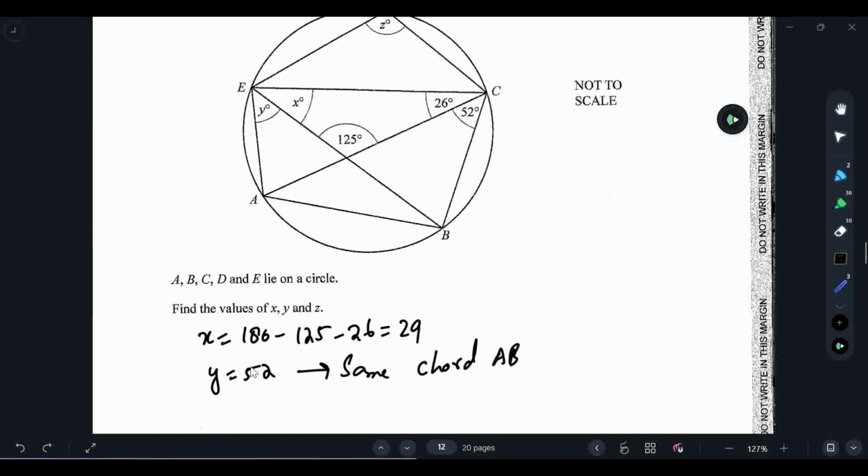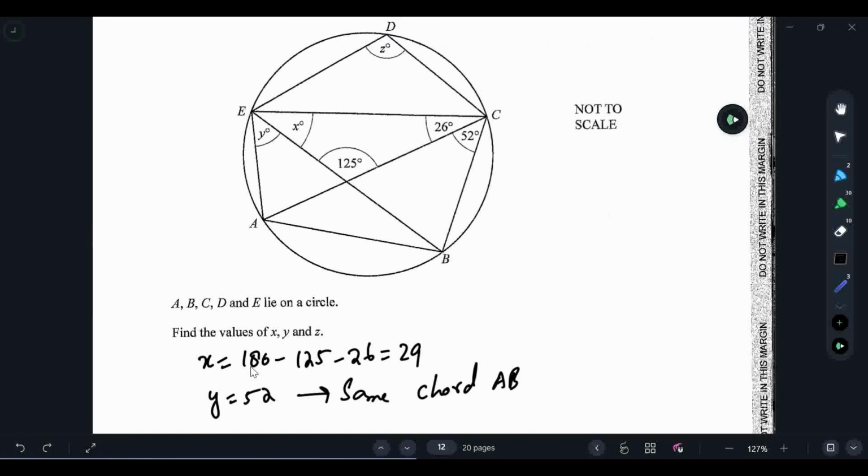Let's move to z. How can we find z? For z, we have to look at a cyclic quadrilateral. Which quadrilateral is totally up to you.